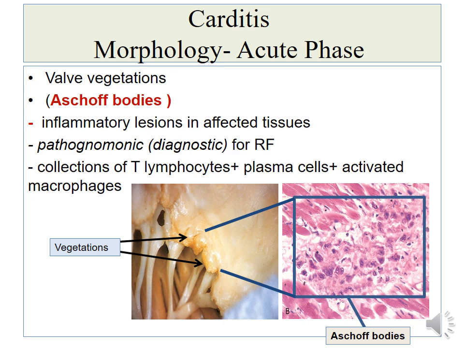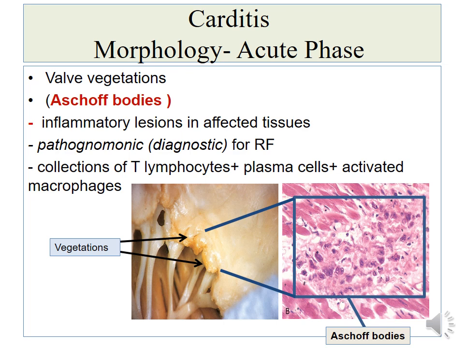Morphology of the carditis during the acute phase. The major point you should remember here is that acute rheumatic fever will lead to the formation of valve vegetations, and as you can recall from our first lecture, valve vegetations means thrombi overlying the heart valves.